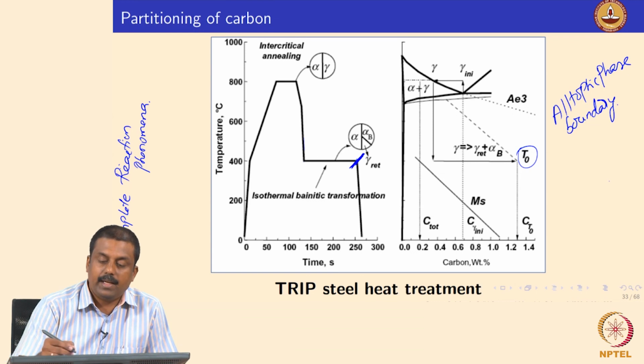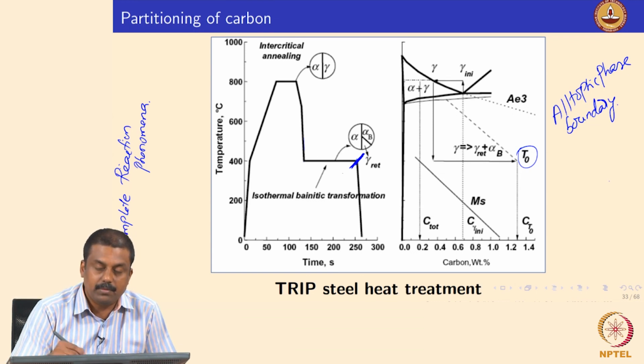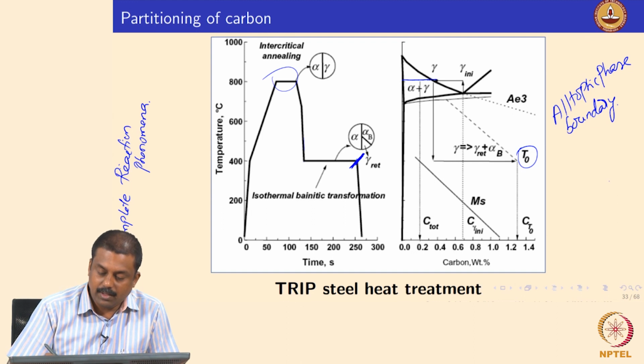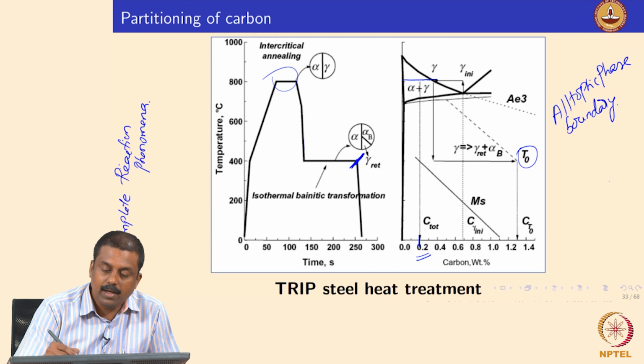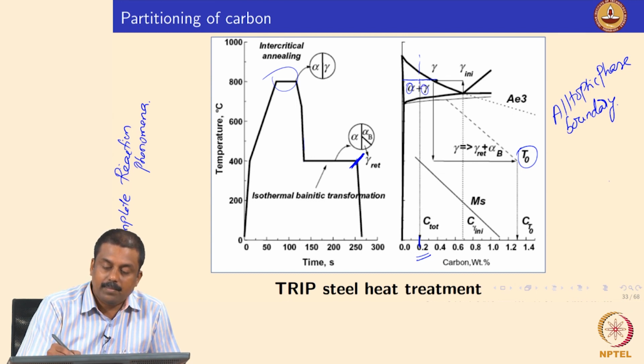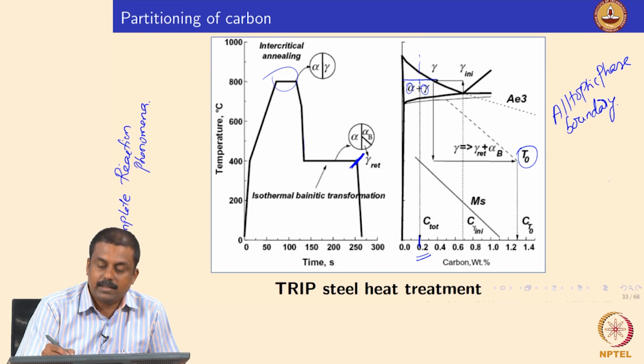So what happens here again: this is a phase diagram I superimposed on a heat treatment thermal cycle. We are taking it to an intercritical temperature, right. For example, say this is your total carbon concentration, I already explained, say 0.2, and we are taking it to phase regions where both ferrite and austenite coexist, and we form a microstructure of, say, 60% ferrite and 40% austenite.